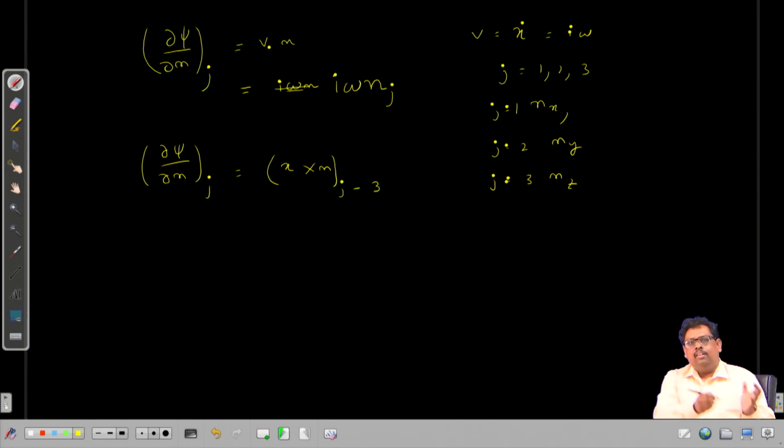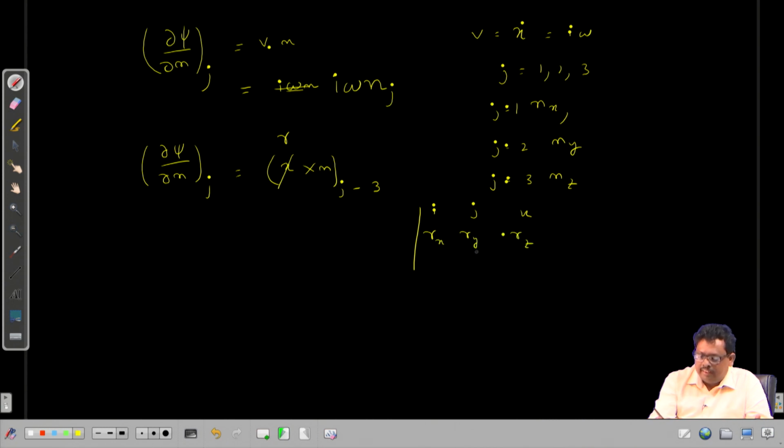How do I get it? It is also very easy. If I take i, j, k, and let us call this r, you have 3 components r x, r y, r z, and components n x, n y, n z, and then you have some ith component, some jth component, and some kth component.